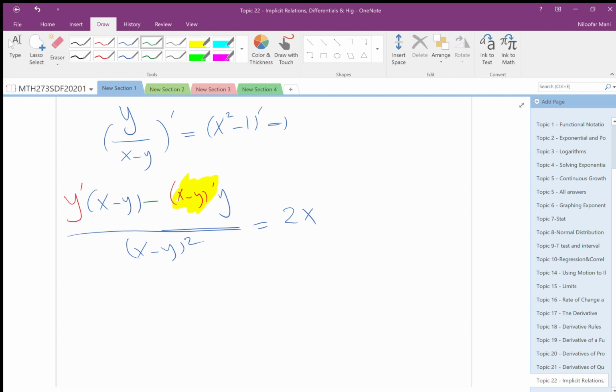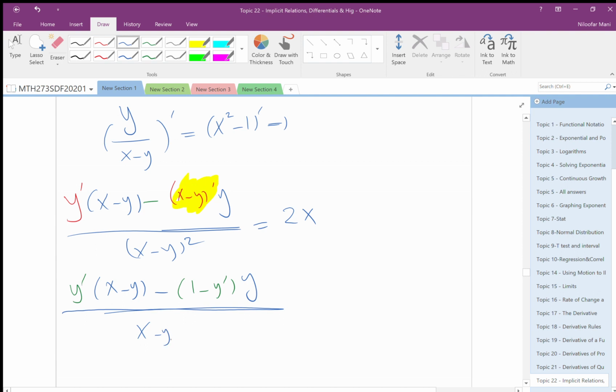So y prime times x minus y, no change, minus, how about that? So 1 minus y prime times y, because I have to do derivative of first minus derivative of second. So derivative of x is 1, derivative of y is y prime, and then over x minus y squared equal to 2x.